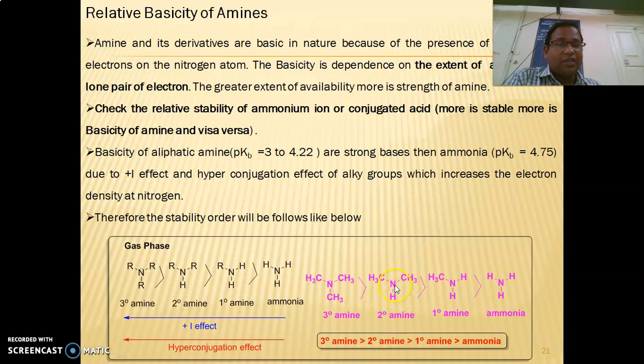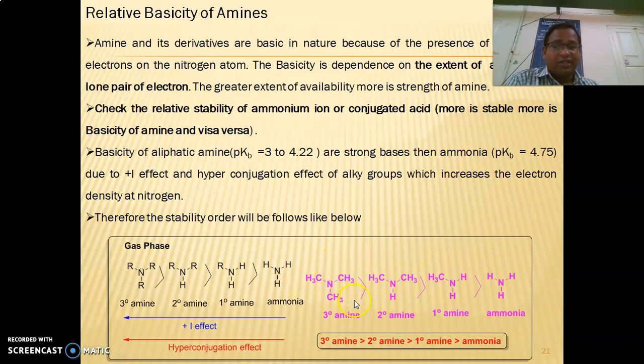In this effect, the bonding pair of electrons interacts with the empty orbital. This is called the hyperconjugation effect. It increases with increasing number of alpha hydrogen atoms. The greater the alpha hydrogens, the greater the hyperconjugation effect.